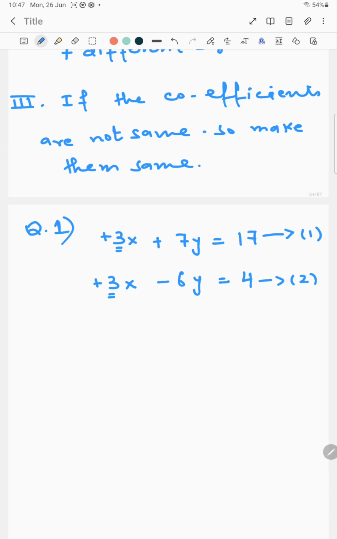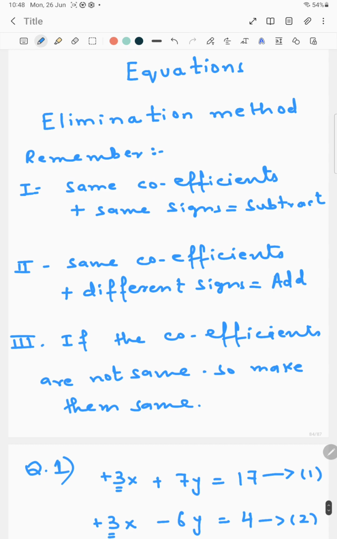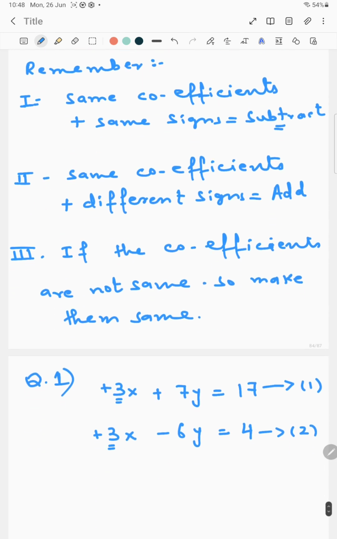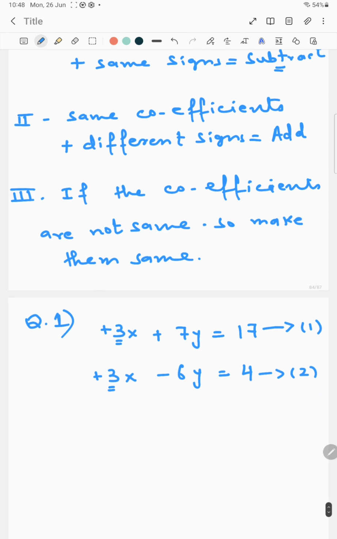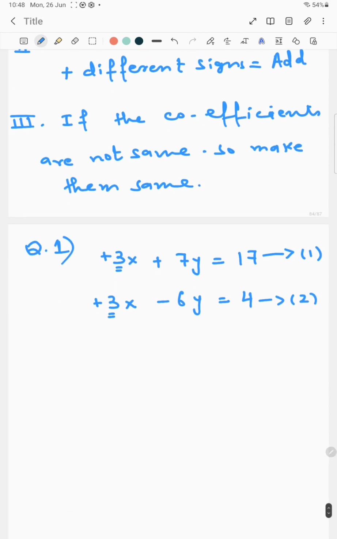So if we see the first remember point, same coefficient and same sign, you have to subtract them. It means now we have two equations and we have to subtract them. So we will write the first equation over here, 3x plus 7y in the bracket. We have to subtract them, so we will put a minus sign over here.